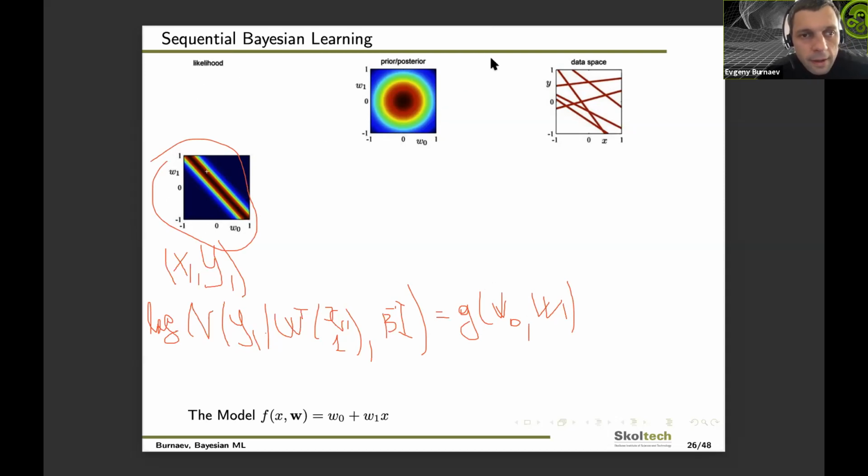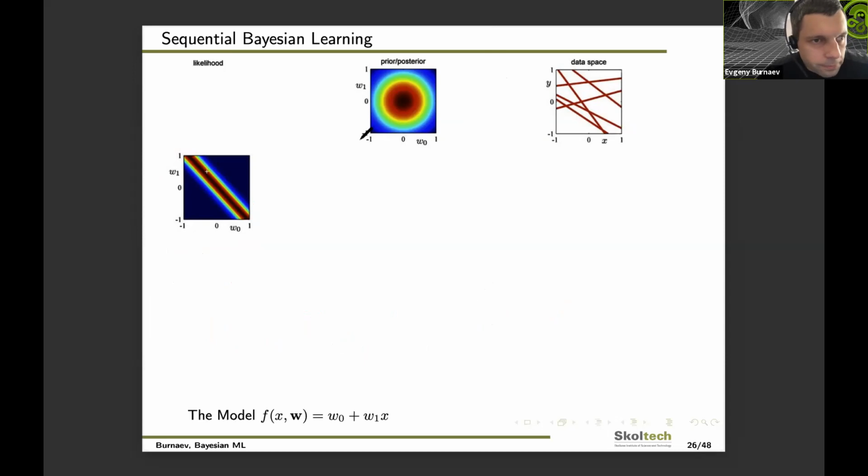This is it. Then I take this likelihood for only one observation, and I calculate the posterior. This is the posterior of the parameters W1, W0. It's obvious that because this likelihood is just for one observation, it behaves like this.